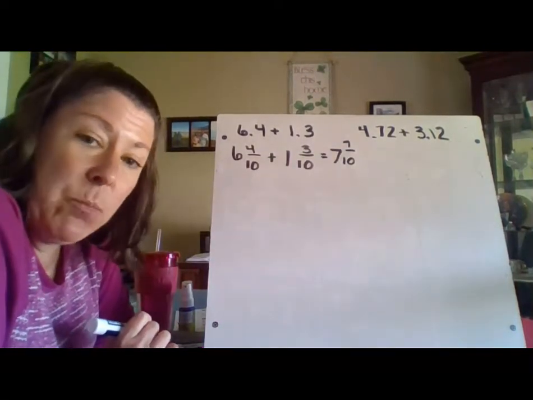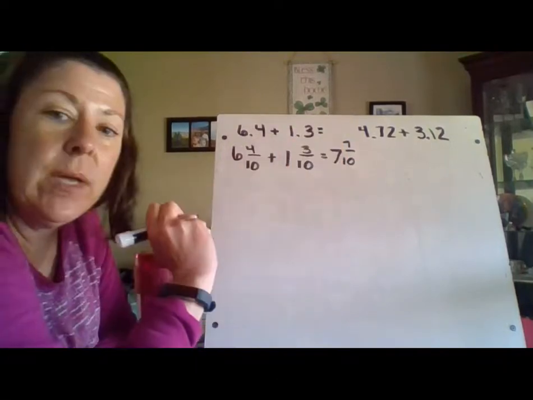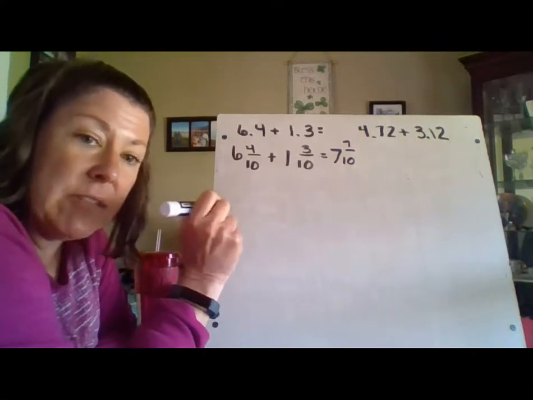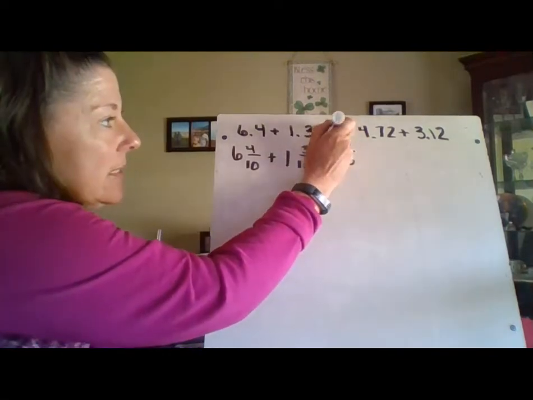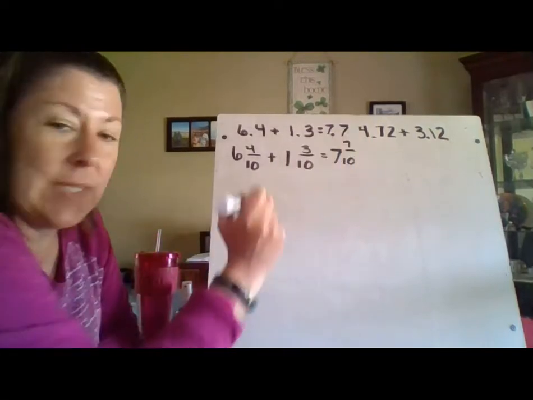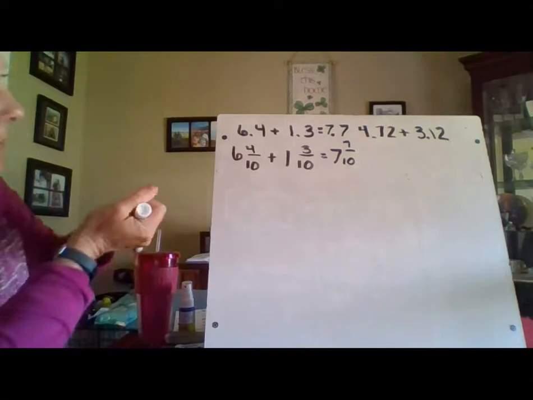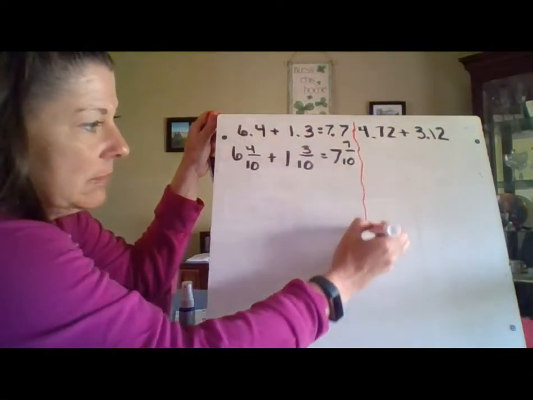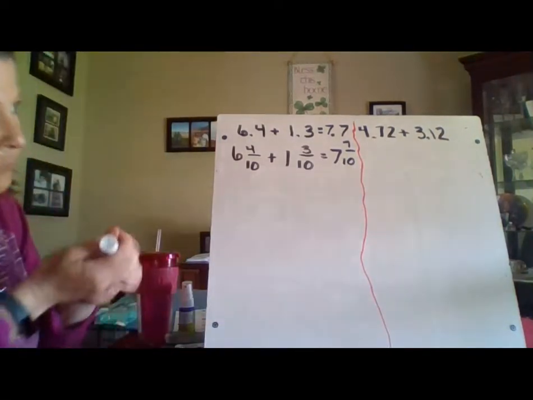So 6.4 plus 1.3 is equal to, now we're going to finish our decimal sentence, but write it as a decimal. So I have to think, how do I write 7 and 7/10 as a decimal? 7 and 7/10. I'm actually going to put a little line there so we don't get our examples confused.